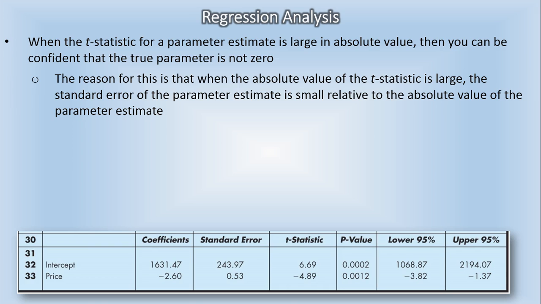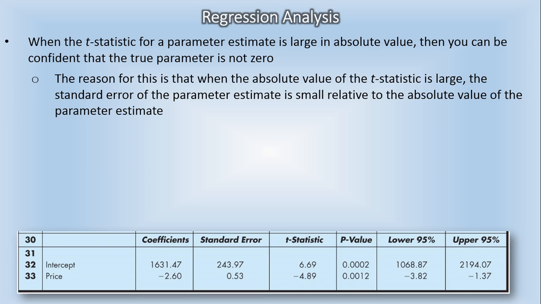So if the t-statistic is large, that means that your estimate is being divided by a smaller number, which means that there's a small amount of variation in the number that you're looking to estimate, right? So if the standard error is small, that means that there's a decent amount of precision in your estimate.